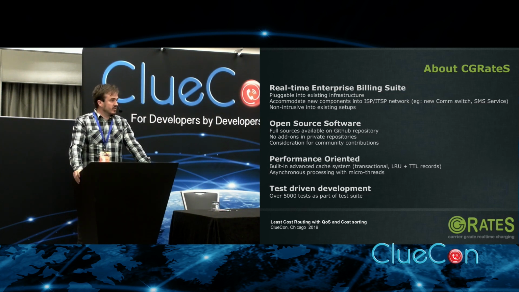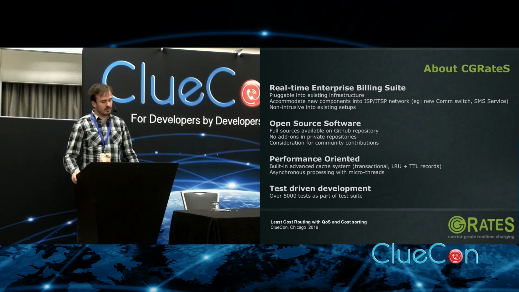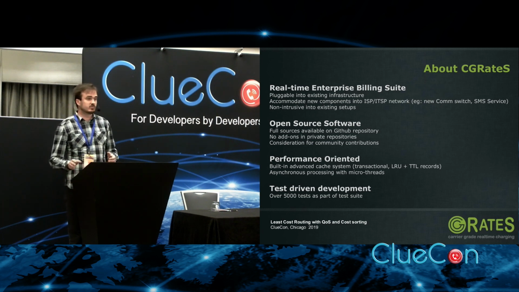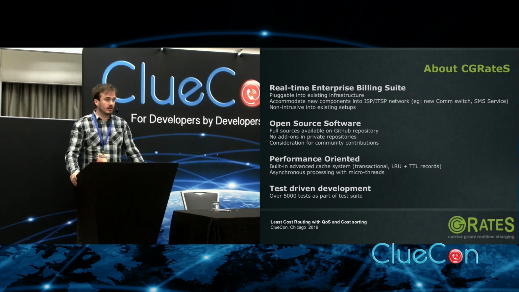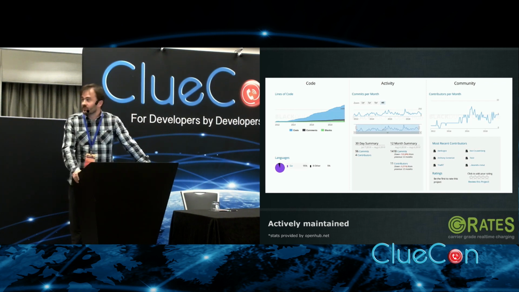It's test-driven development software, again from the beginning. I think half a year ago we stopped counting the tests at about 5,000 tests. We have unit tests, integration tests, and call simulation tests, because we support many platforms. I always show this graph.